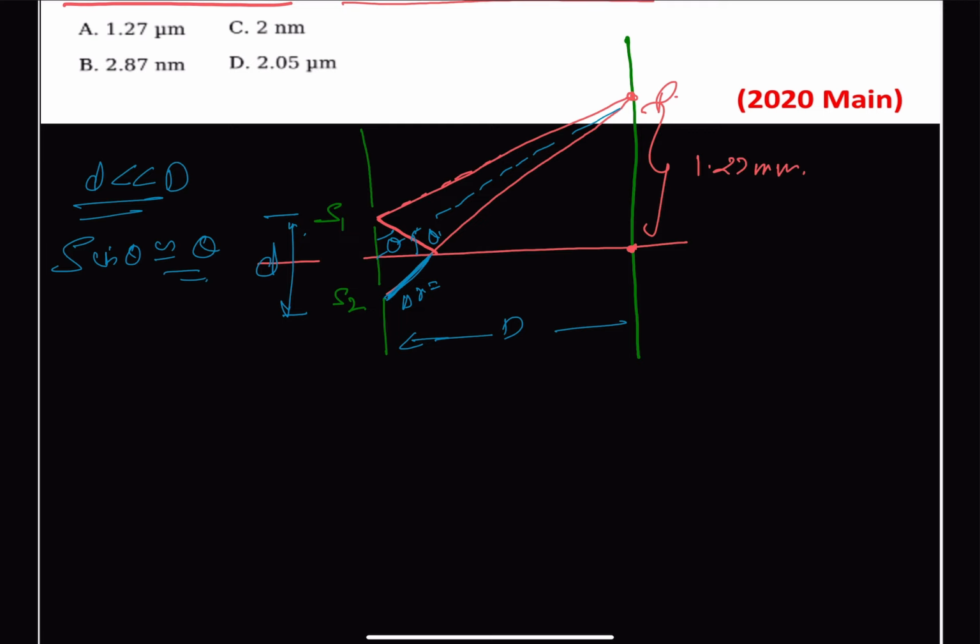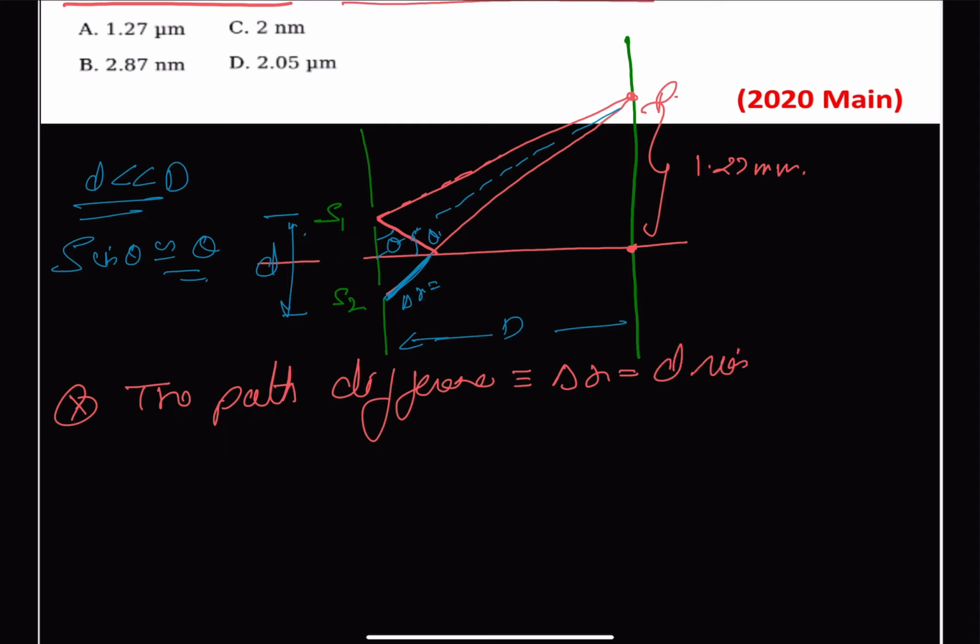So we can say the path difference, that is our delta of x, will be equal to d sine of theta, and we can approximate it by d theta.